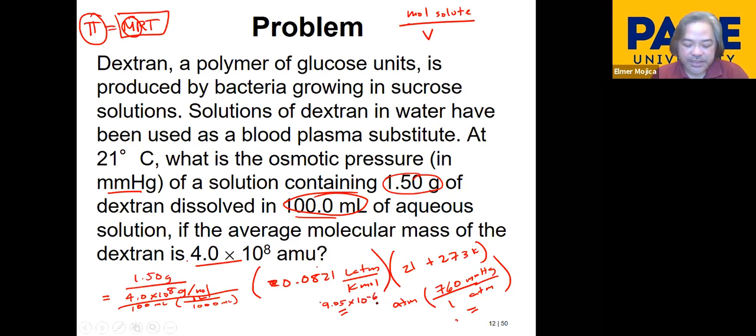And if I multiply it with 760, I get around 6.87 or 6.9 times 10 to the negative 4 millimeter mercury.